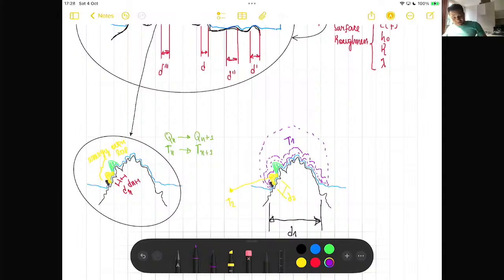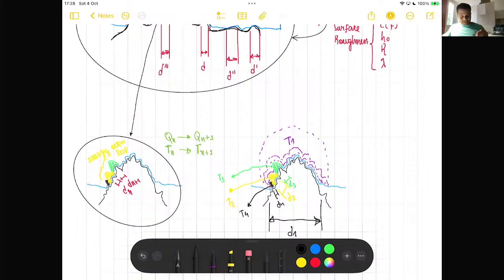So this one, T2, let's say T3, D4, which should be an excellent approximation.